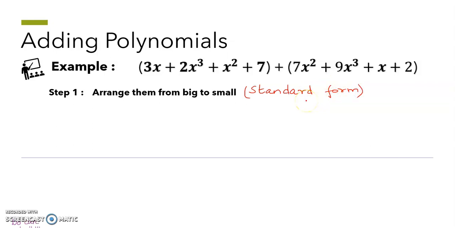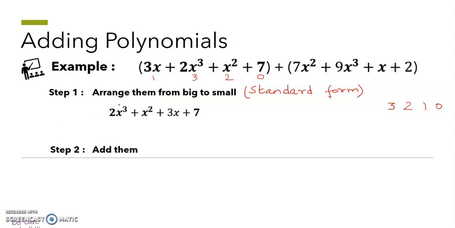Here you have degree 1, here degree 3, here 2 and here 0. So you have to arrange it from 3, 2, 1, 0. So how can you arrange? 2x cubed plus x squared plus 3x plus 7.